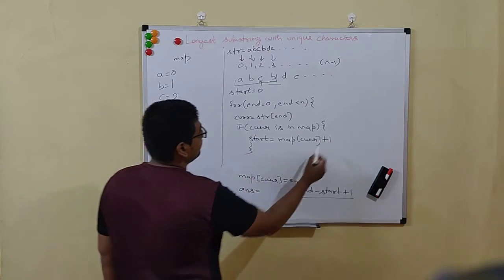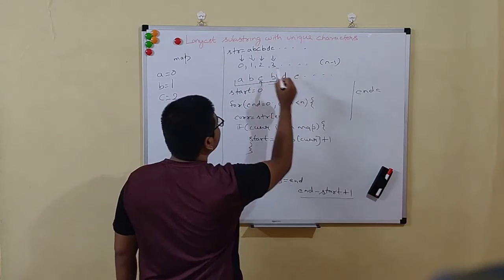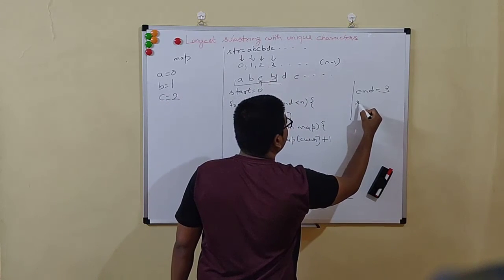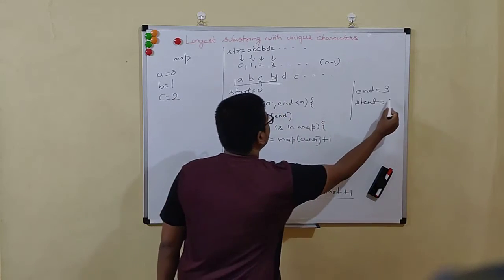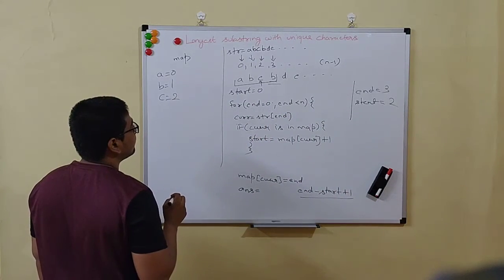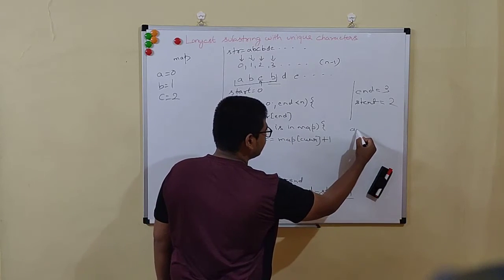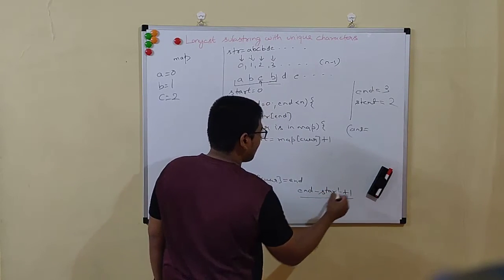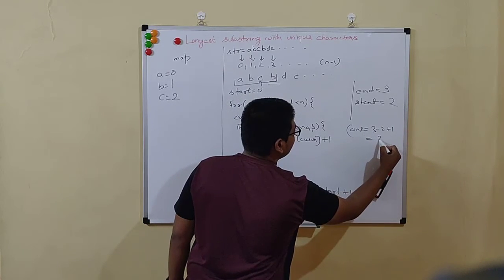So at this point, notice that the end is equals to 3 and start is equals to 2. So by that definition, answer's value should be equals to 3 minus 2 plus 1 is equals to 2.